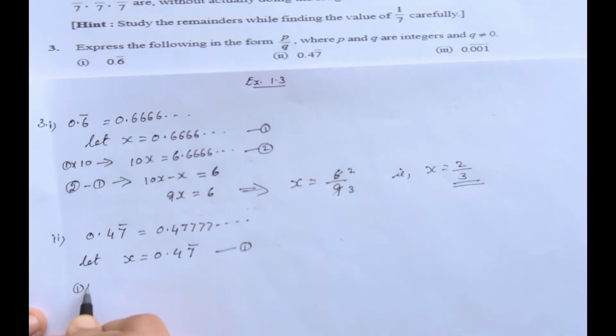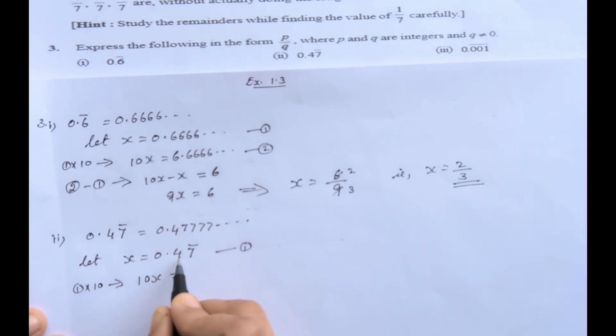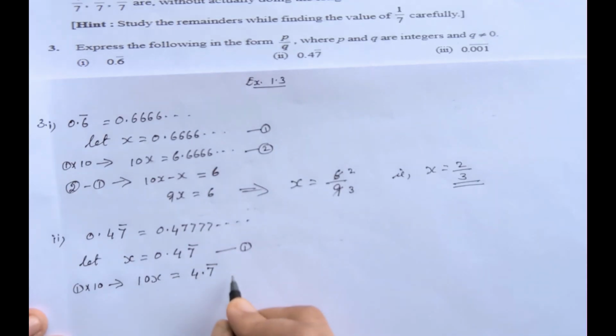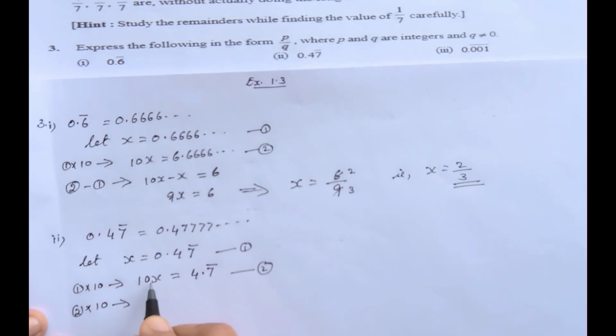When we multiply equation number 1 by 10, we get 10x is equal to, multiplying the right side by 10, 4.7 bar. That is equation number 2. Again, equation 2 into 10 gives, multiplying the left side by 10, 100x.